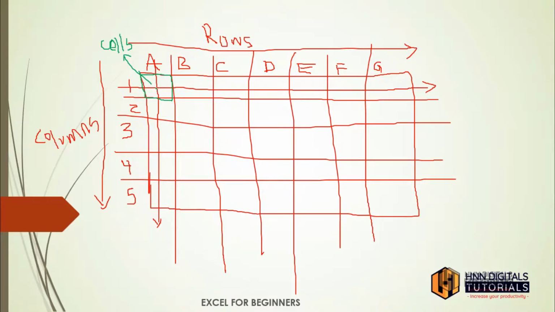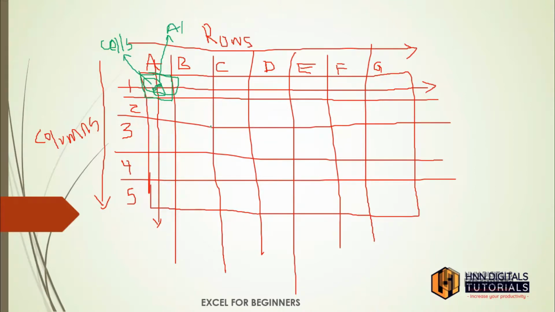Now all these cells have an address. An address is the combination of the column and the row, where the column has the alphabet and the row has the number. So the address for this particular box here is A1.